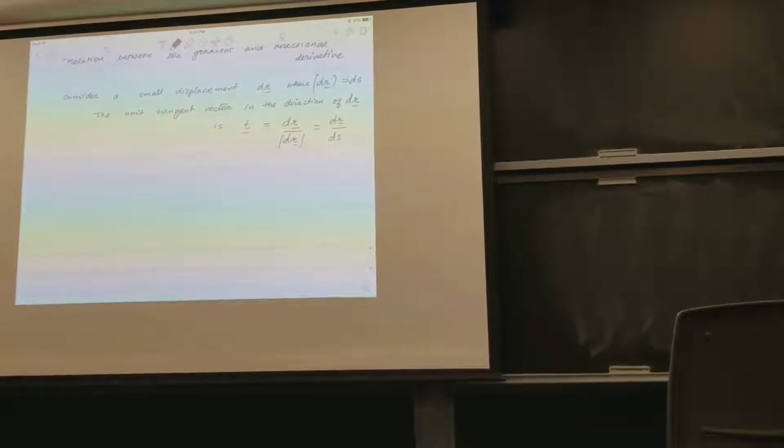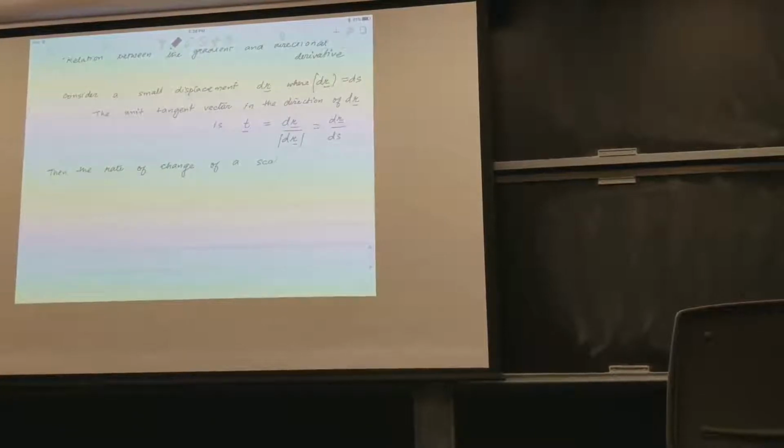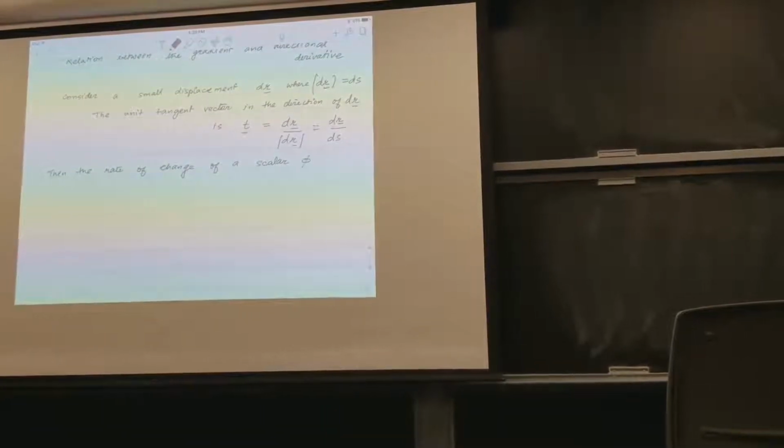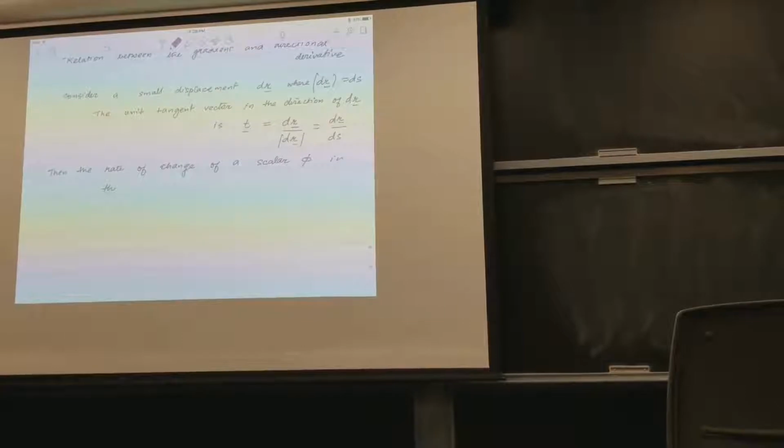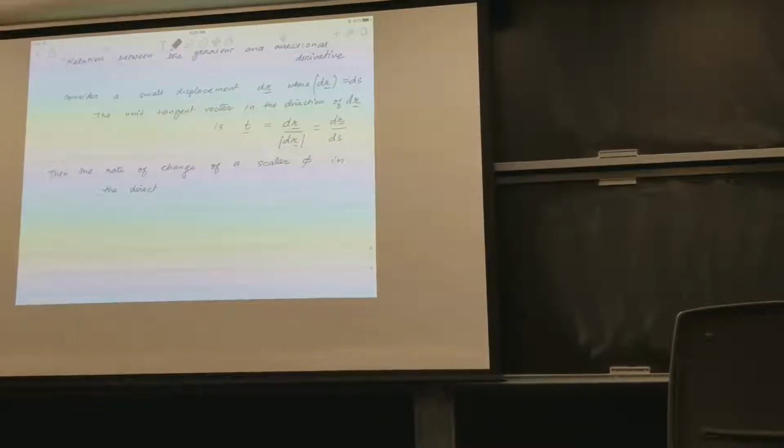Now, the rate of change of a scalar phi in the direction of this tangent vector is given by the dot product between the gradient and this t.